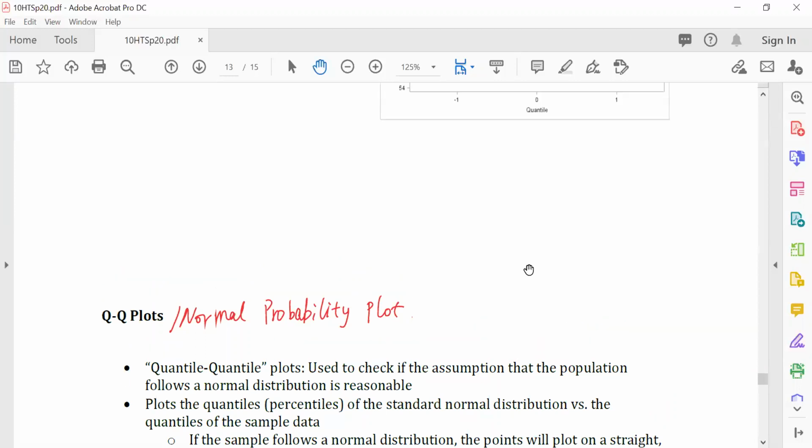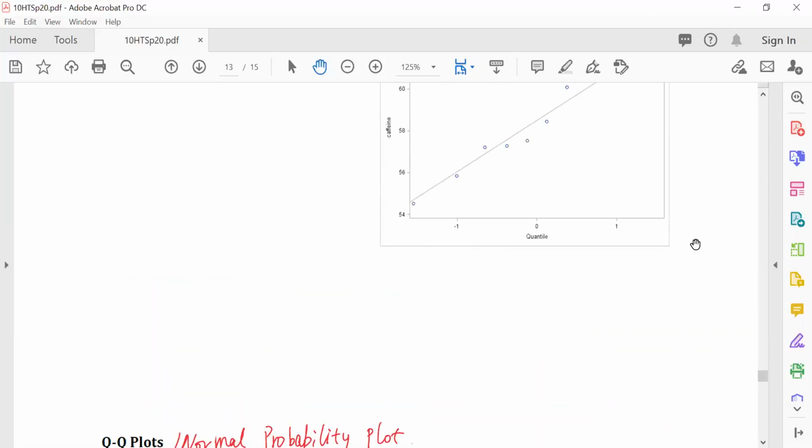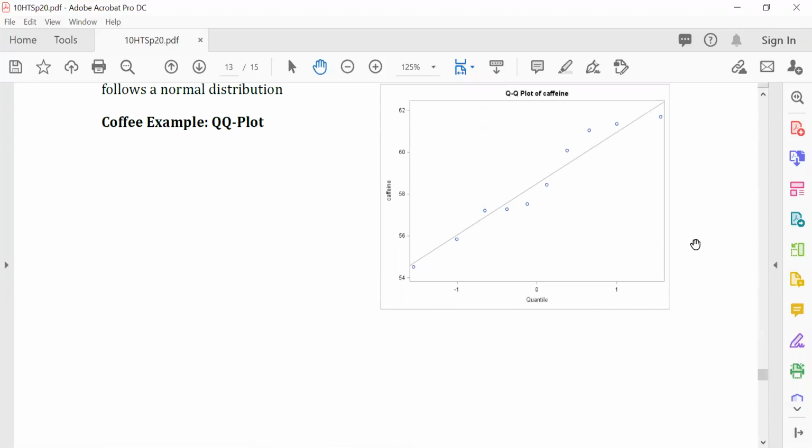What we plot is this: the x-axis is the quantiles or percentiles of a standard normal distribution, so these are the standard normal quantiles. The y-axis is the quantiles of the sample data, so this is the sample quantile.